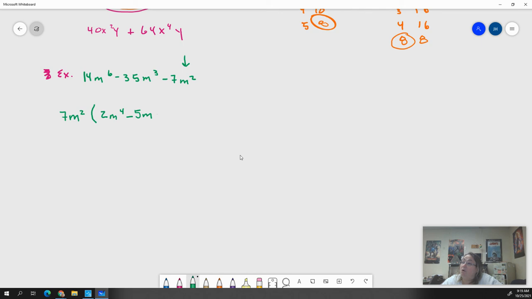Minus 7 divided by 7 is just 1, right? M squared divided by m squared is just 1. So we're left with 1 right here. Does that make sense to you before I get a little more complex? This is just the greatest common factor portion, right?